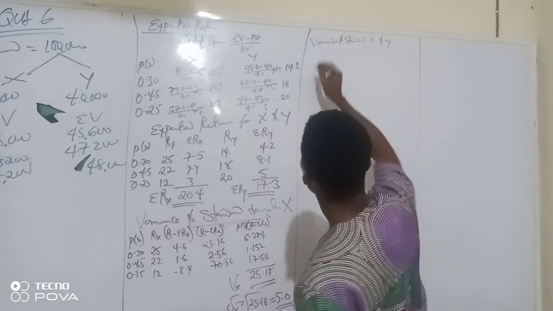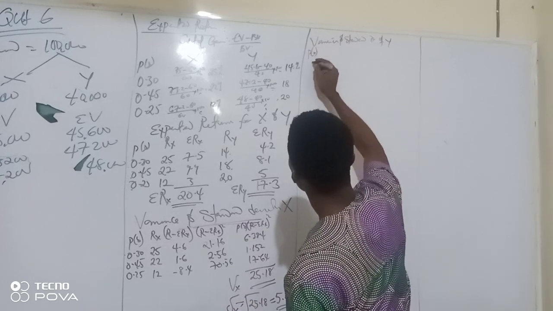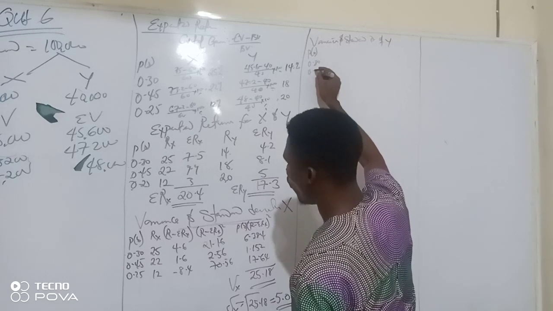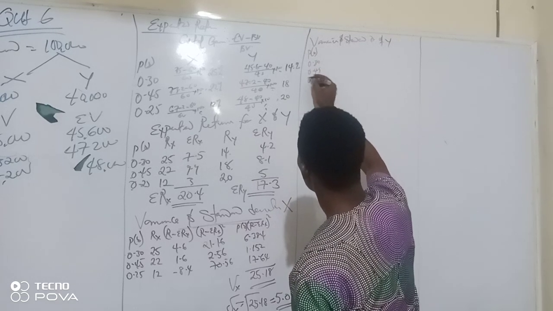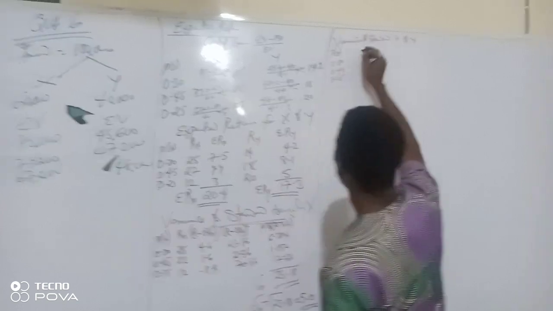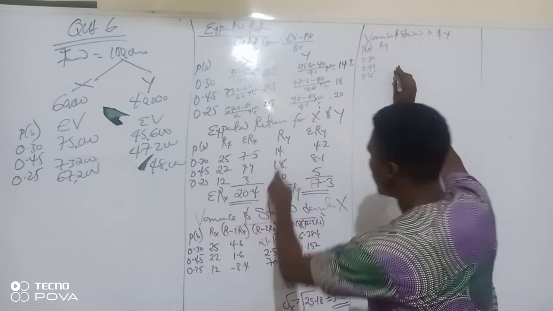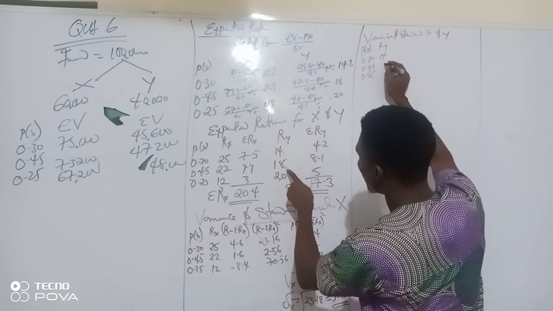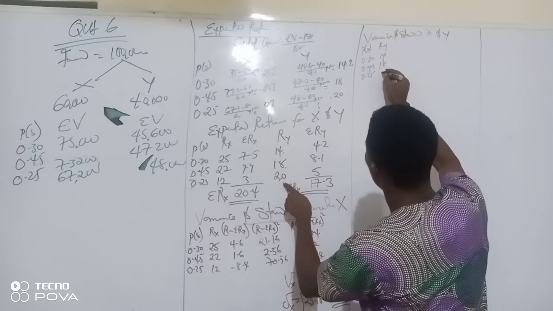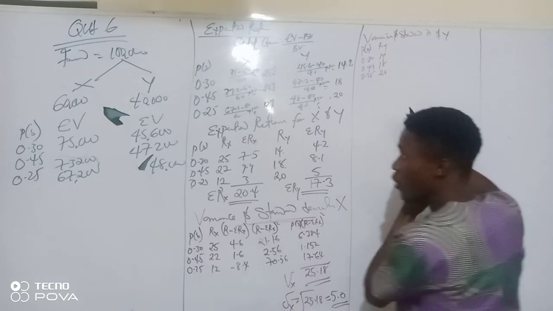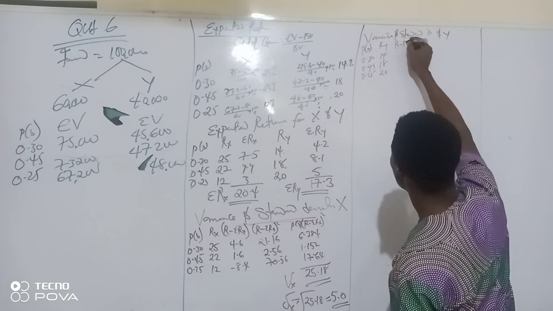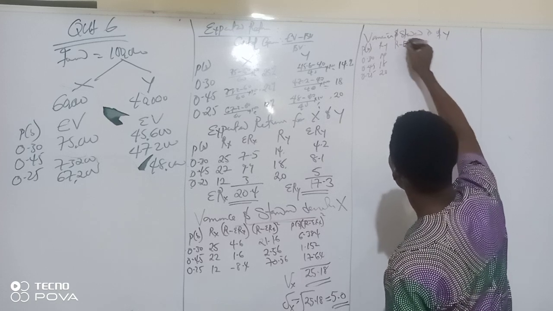The probability is 0.3, 0.45, 0.25. Our return of y is 14, 18, and 20. Then we have our return minus expected return of y.